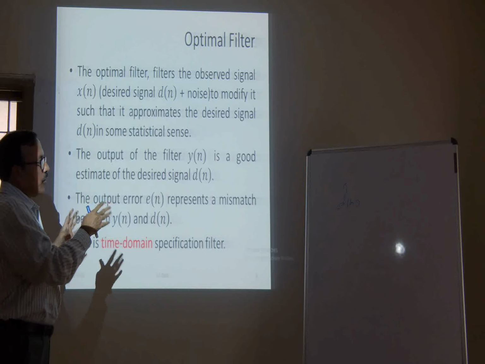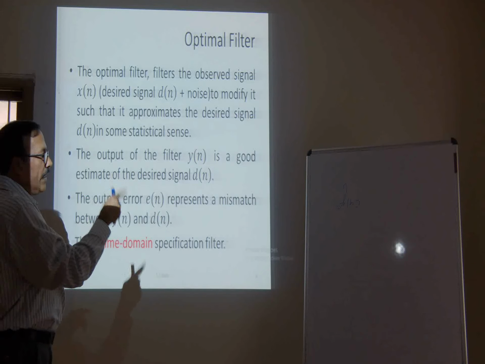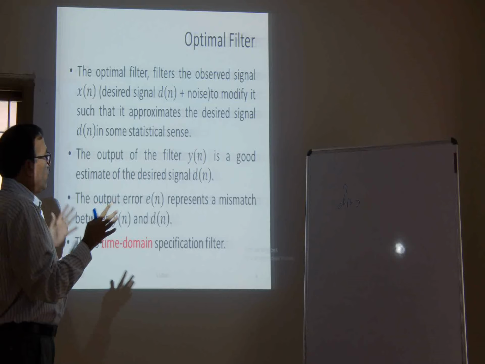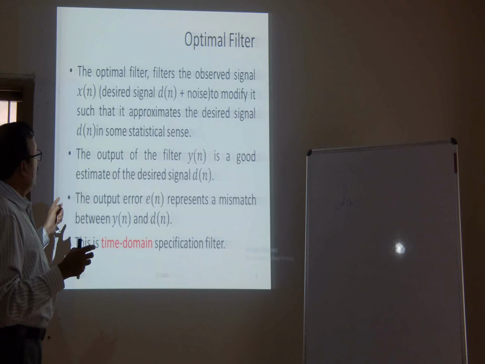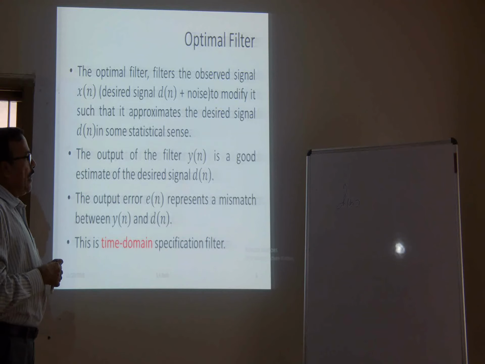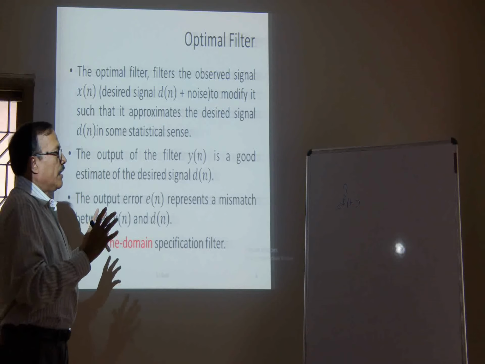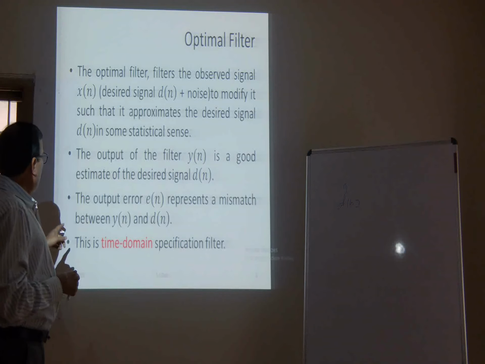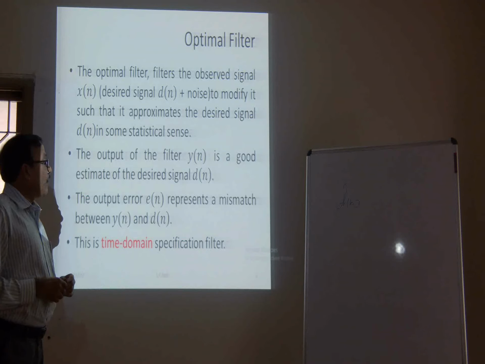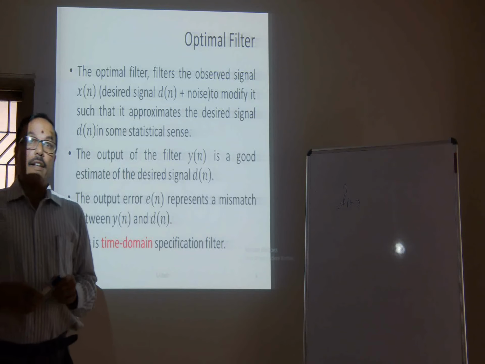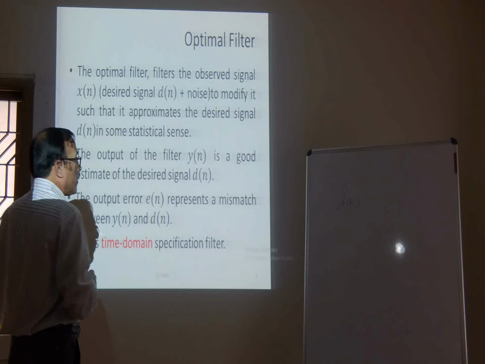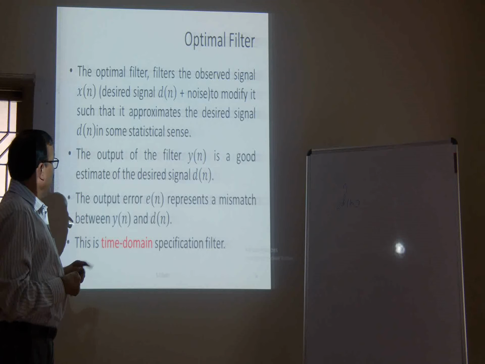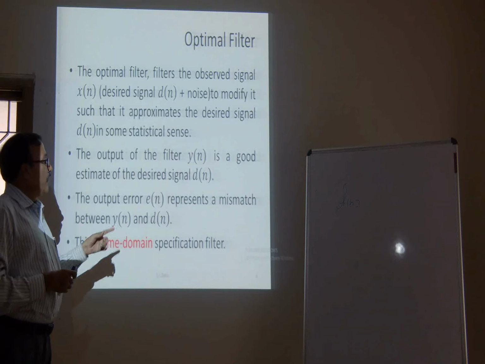So the output of the Wiener filter is d cap n, which is not exactly the same as the desired signal. We get some error, which is denoted as e[n], and it is the difference of d[n] and d cap n. The most important thing is that this is a time domain specification filter, whereas the classical digital filters are frequency domain; it is a time domain specified filter.